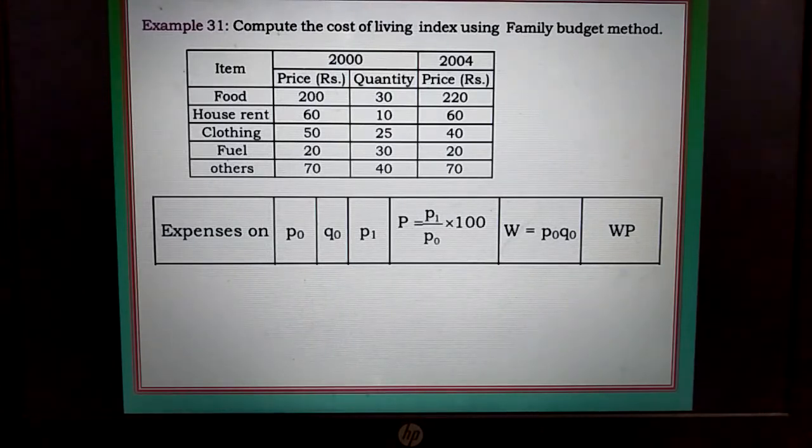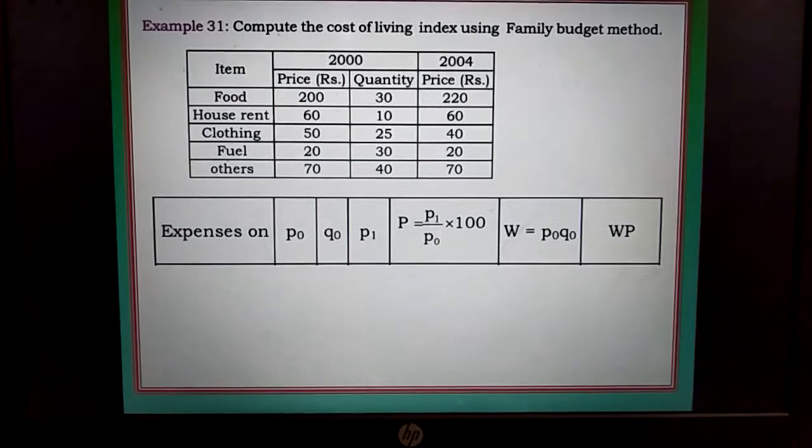Yes, that also can be applied. We would have even applied the aggregative expenditure method. But here it has been asked, compute the cost of living index number using the family budget method. In the question itself, it is very clearly given that the family budget method has to be applied.